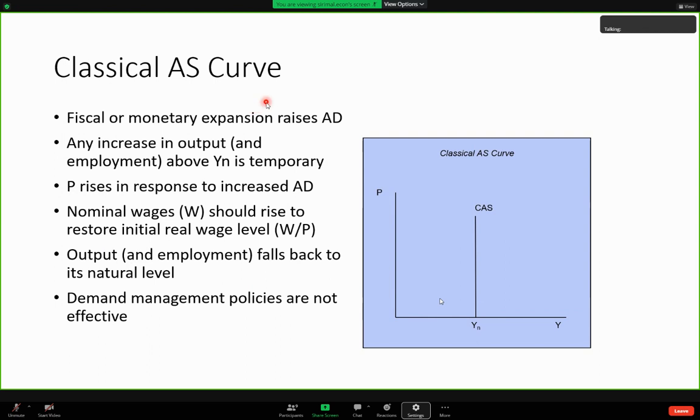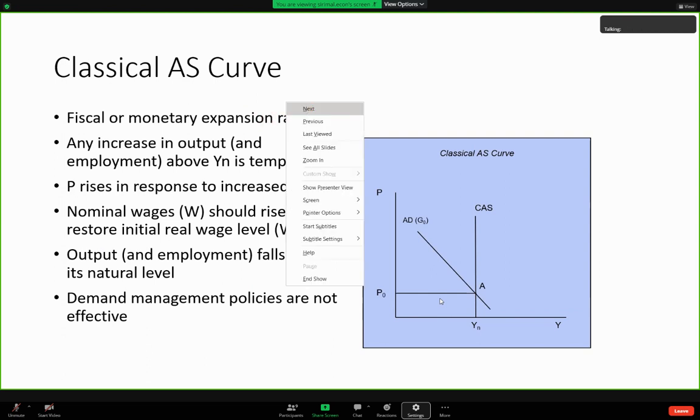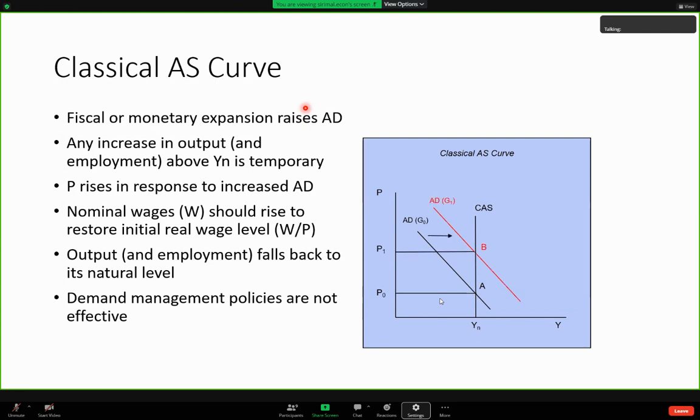Let's look at the case here. You have aggregate demand, government spending is G naught, you increase government spending, so the aggregate demand goes up. So in the long run, don't forget that we move from point A to point B.